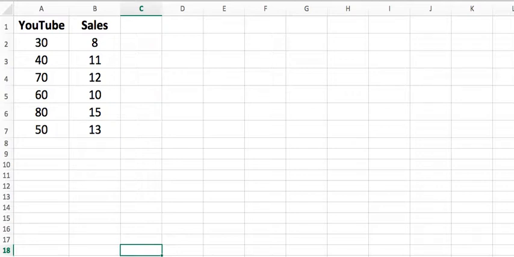So what we have here is sales, as indicated, as your dependent variable. You have YouTube as your independent variable, or your predictor variable.